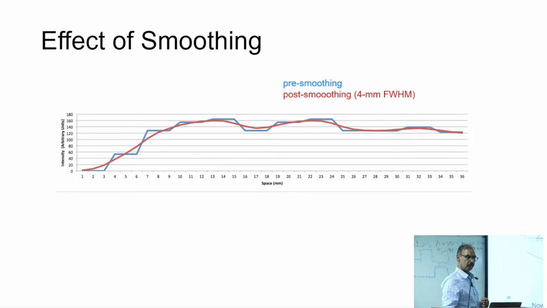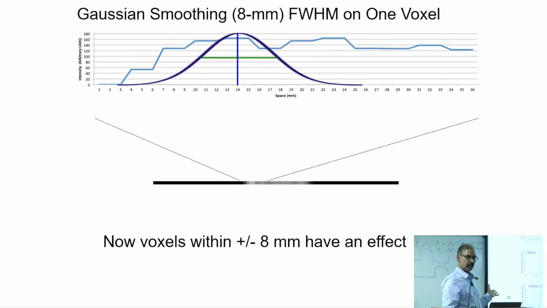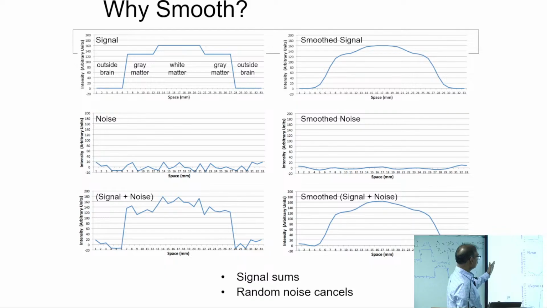Now, you can also change the effect, right? You have signal, but let's say it was gray matter, white matter, gray matter outside the brain. Yeah, you have smoothed the data, but because of the way you have smoothed, now differentiating gray matter from white matter will be more difficult, right?